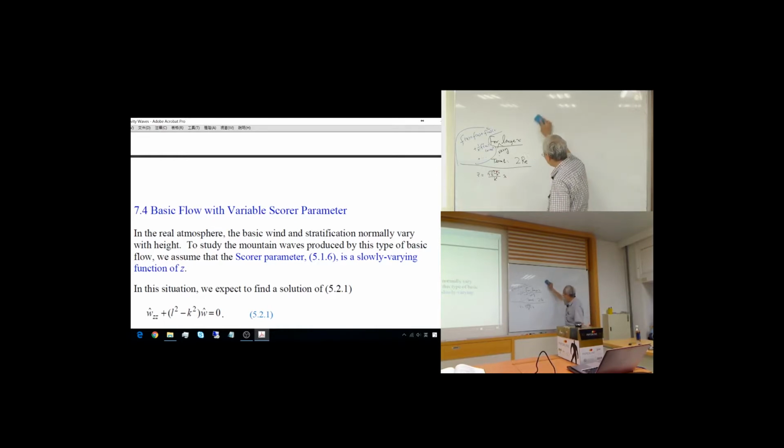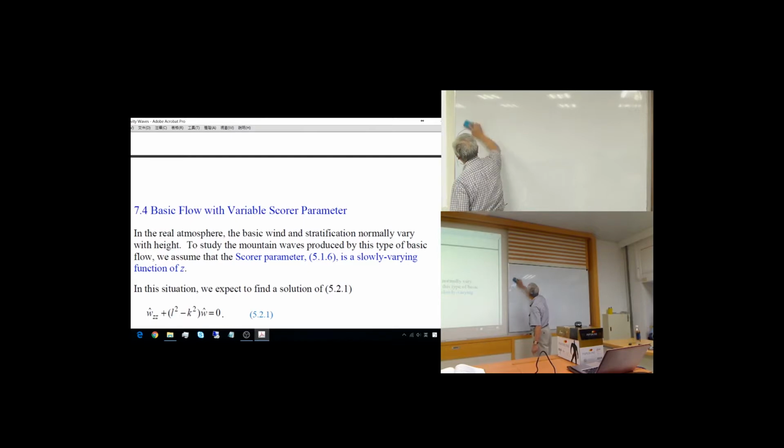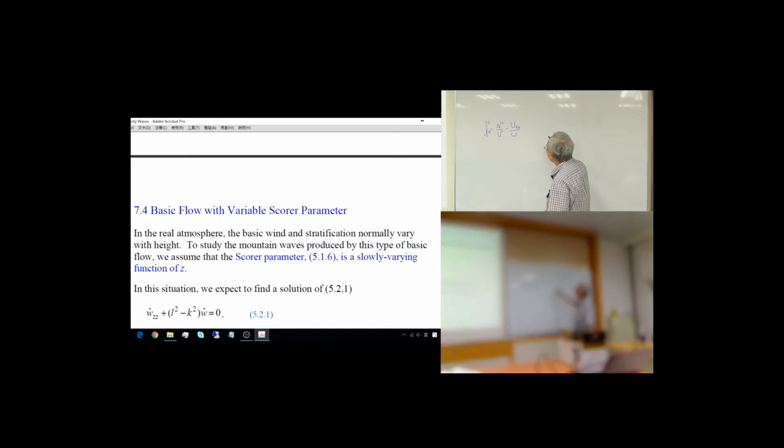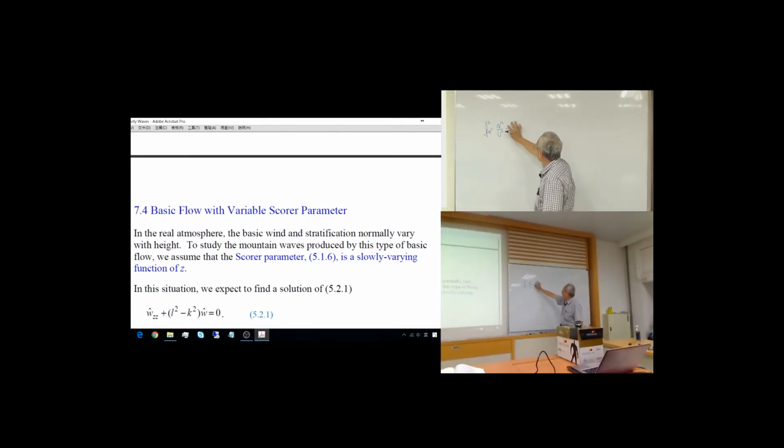constant. Can somebody tell me what L is? A scalar parameter, that's very good. So we have L square equals N square over U square minus U GG divided by U. In general this is a function of G. When you have no shear, or constant shear, this term is gone.